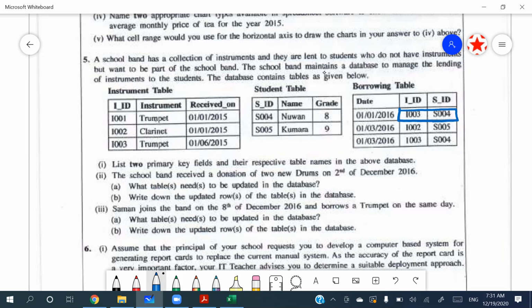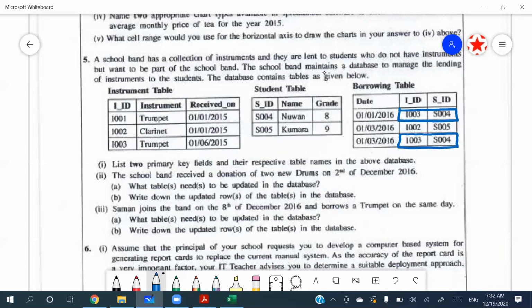And look at the last one. Again, they are the same. I003, S004. So that means IID and SID together again cannot be taken as a primary key. So what should we do?